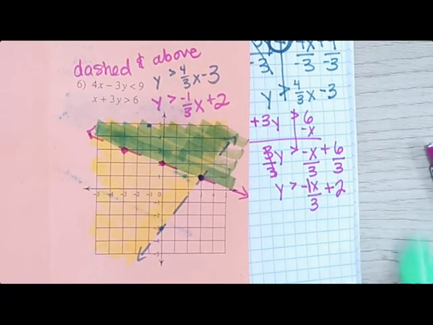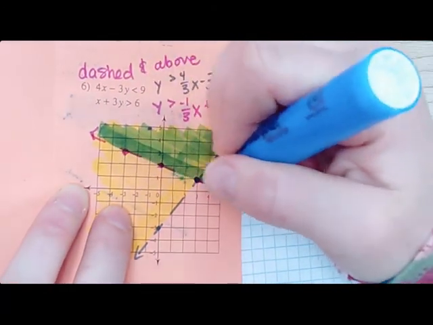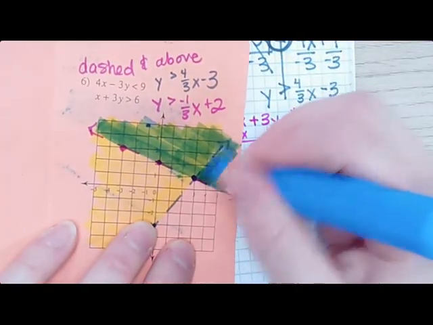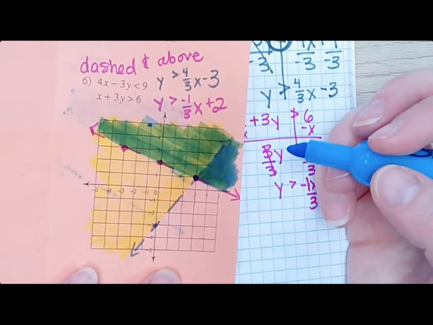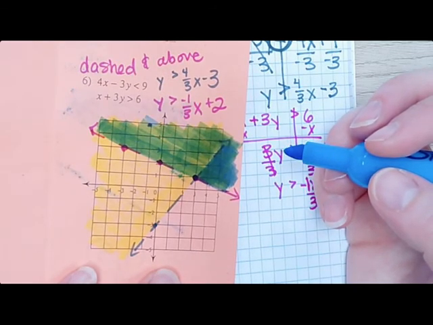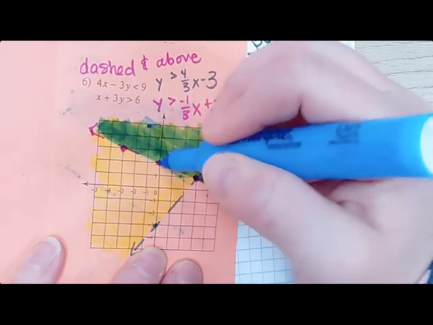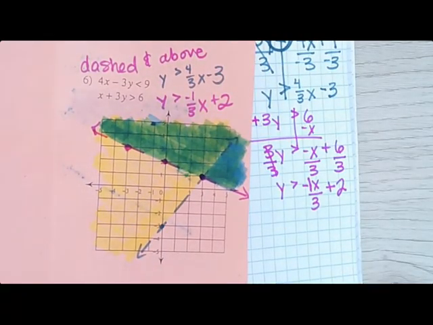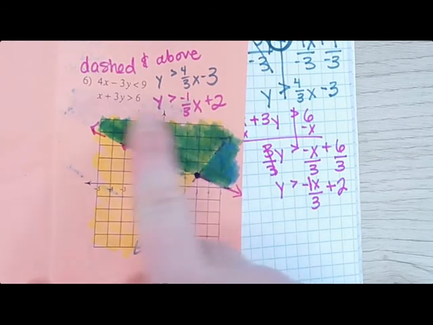Why don't I do green? I was doing the other color, right? Blue, yeah. Okay, so here's our double shading. Where's our double shading? Here, the green part. There we go. Now I can see the difference between the blue and the green. So this is where our solutions are.